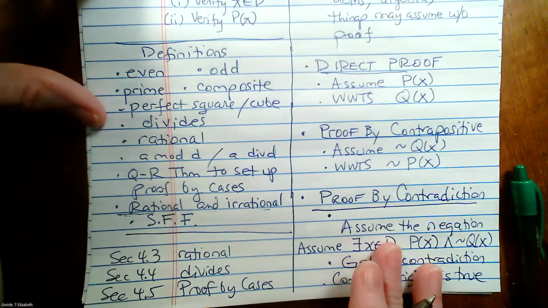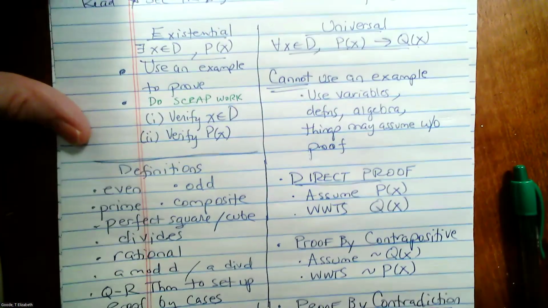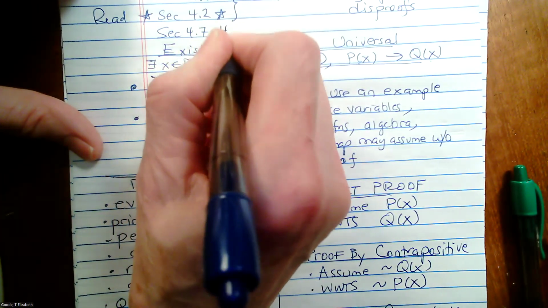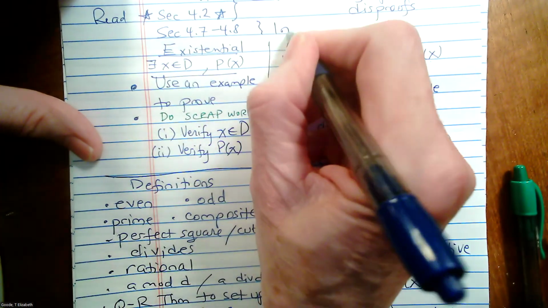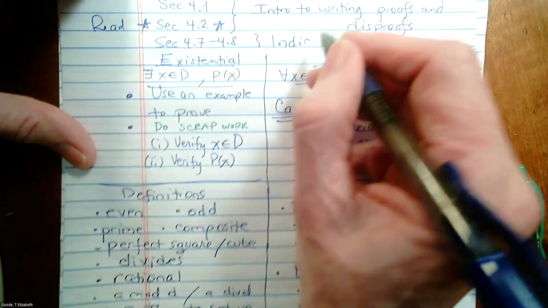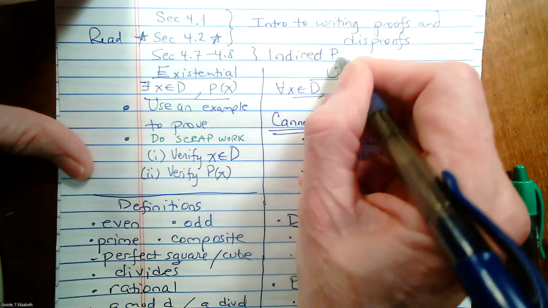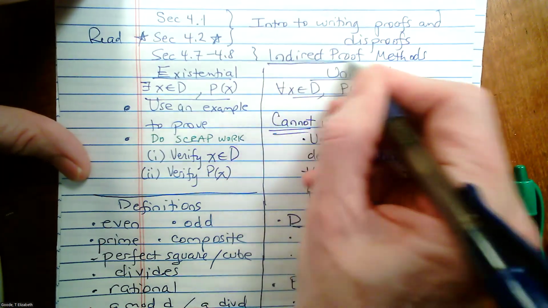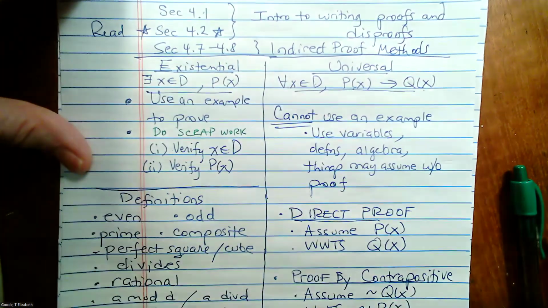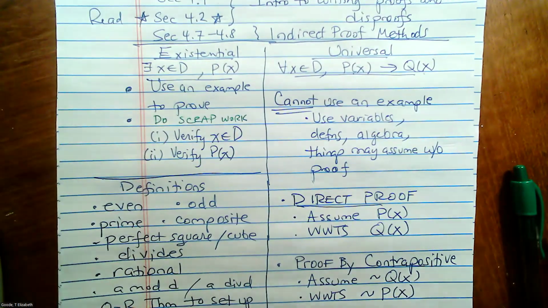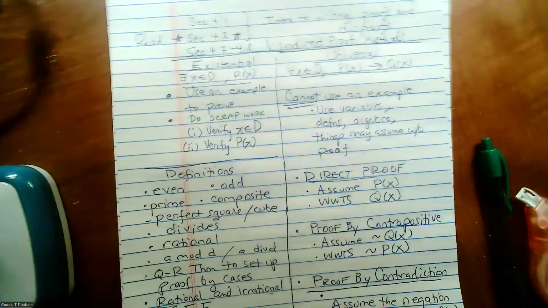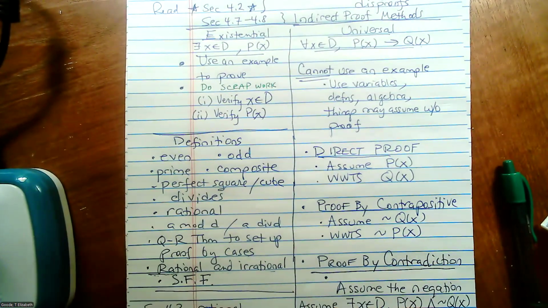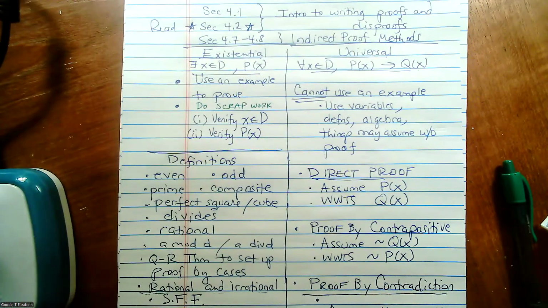And then section 4.7 and 4.8 was methods of proof that aren't direct, so indirect proof methods. So that's a lot for one page, but that's it. It's plenty to learn.